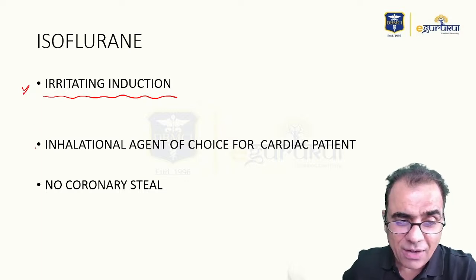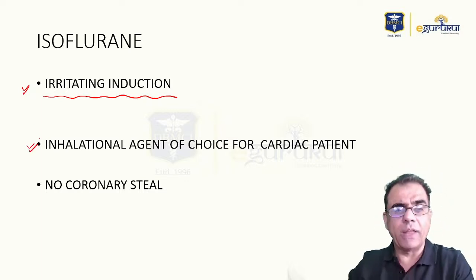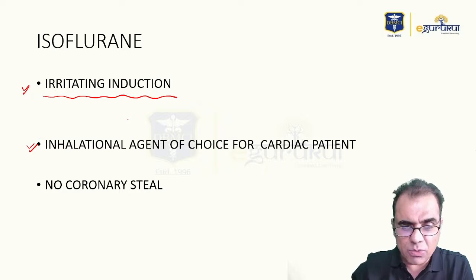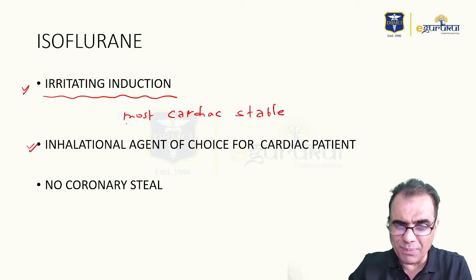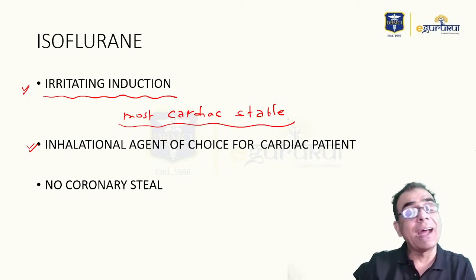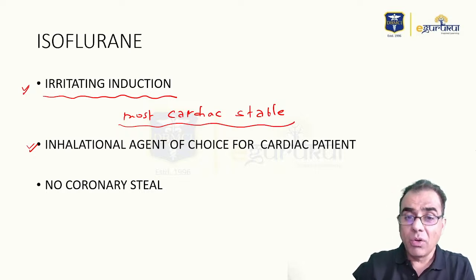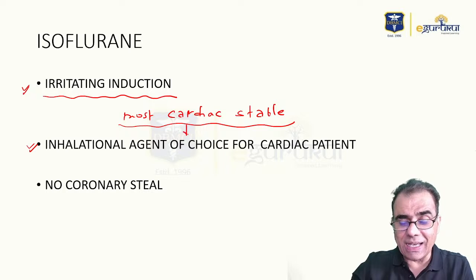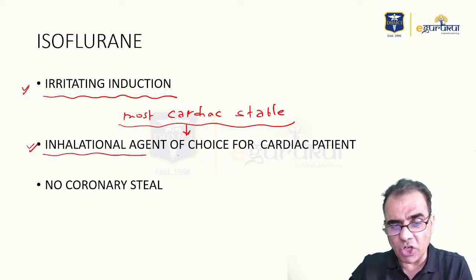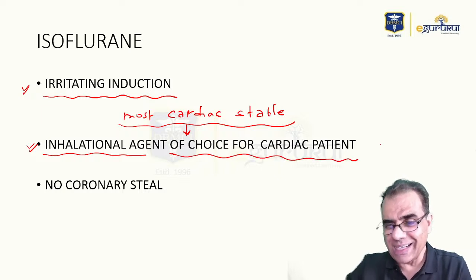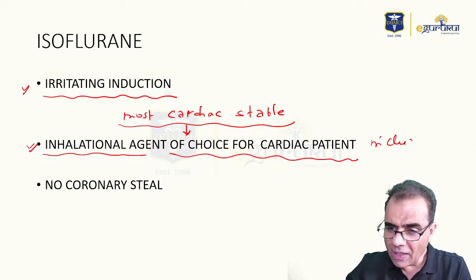What is important to remember is that it is the most cardiac stable. If I ask you which was the most cardiac stable IV agent, that was etomidate. The most cardiac stable inhalational agent is isoflurane, making it the inhalational agent of choice for cardiac patients, including MI.